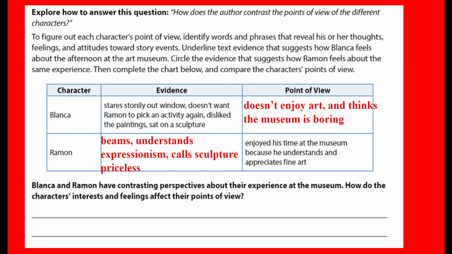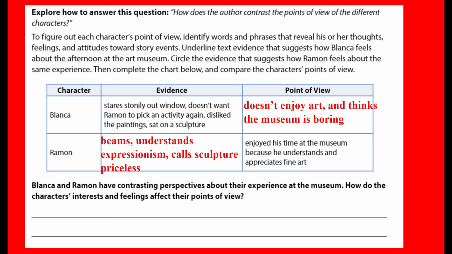They're contrasting. So now we have to figure out how the characters' personal interests and feelings affect their point of view or their particular way of looking at the situation that they're in. So I want you to take a minute and see if you can come up with an answer for this. See if you can think about the character's interests and feelings and how that affects their point of view.